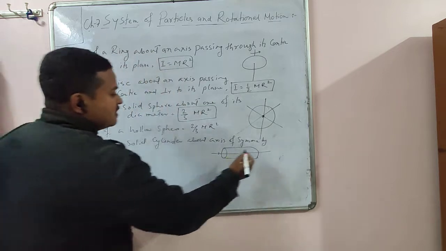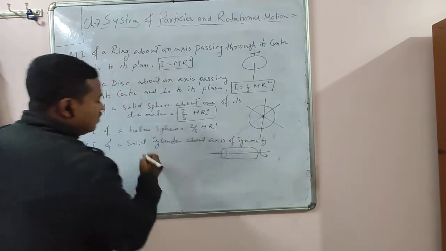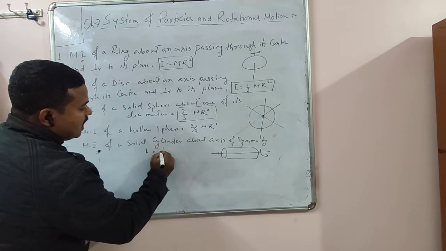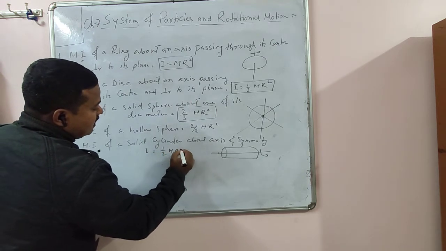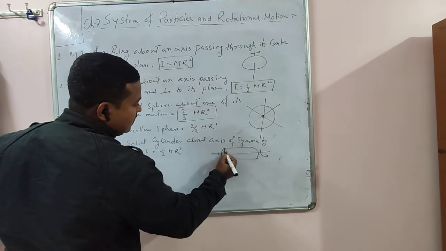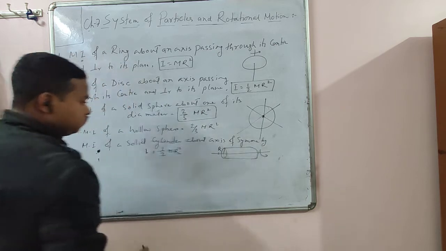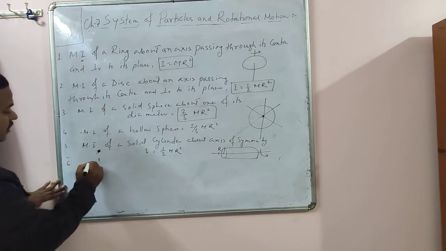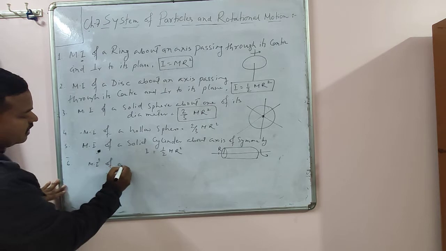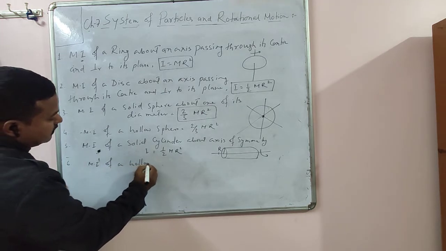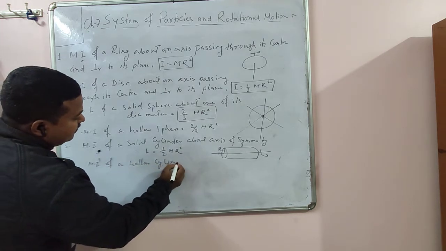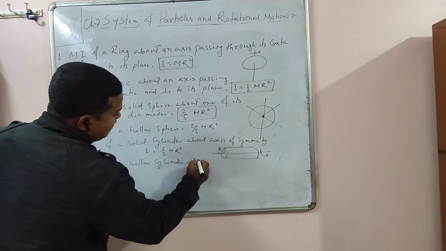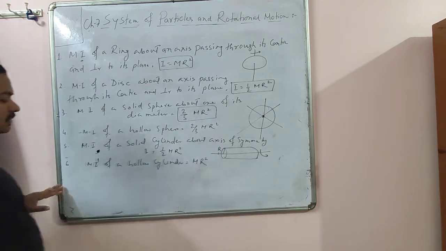About this axis the moment of inertia is half mr square, where m is the mass of the cylinder and r is the radius. Similarly, the moment of inertia of a hollow cylinder is mr square.